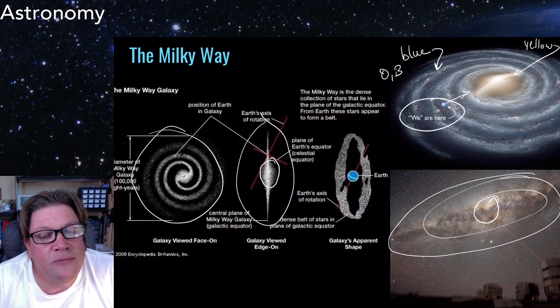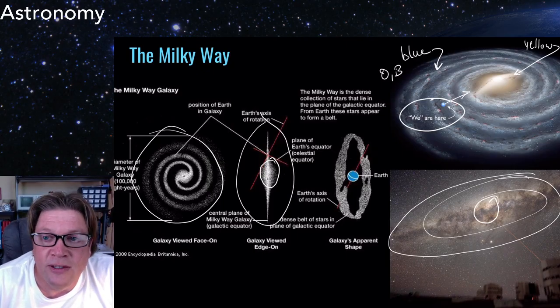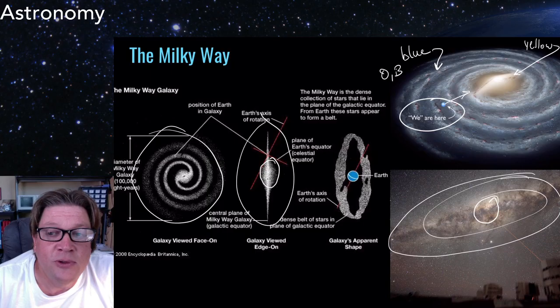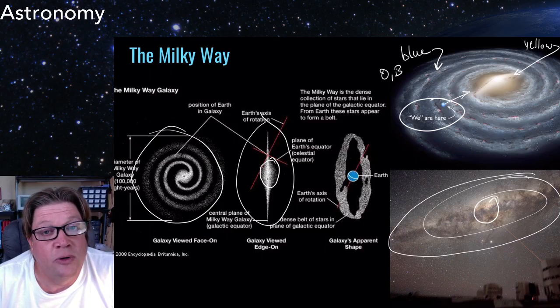But if you see the glow from O and B stars, then you also know something else, which is based on what we talked about in the lab assignment for the week. That also means that active star formation is going on basically right now, right? Because O and B stars, what you know about them is they don't live long. So if you see their glow, that means they must have formed really recently.